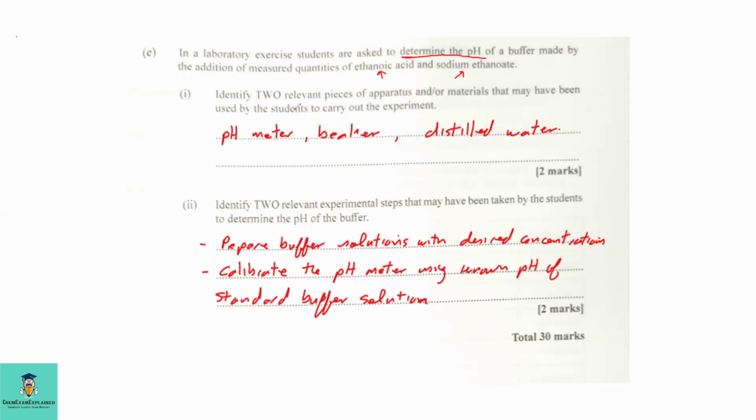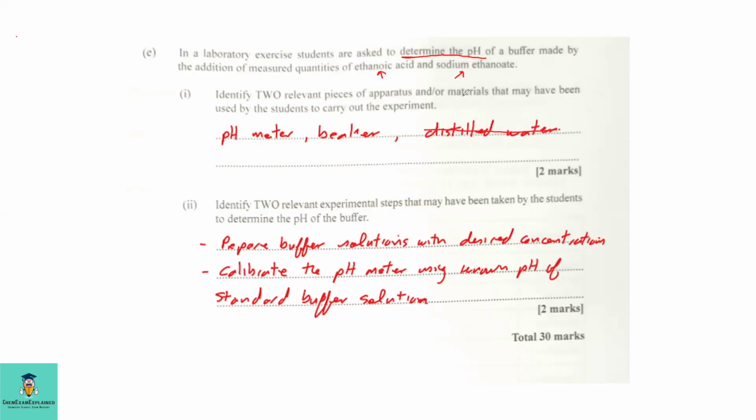But the main 2 relevant pieces of apparatus would be the pH meter and the beaker. The water would be like a reagent, but it did not ask for a reagent, so we can ignore the water and focus on the 2 pieces of apparatus.